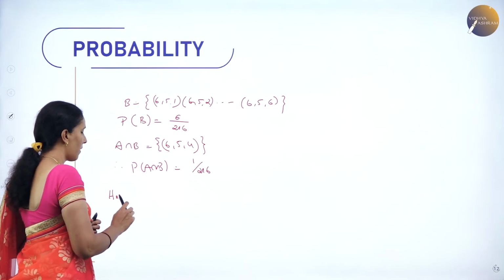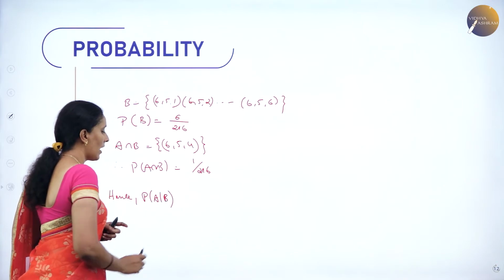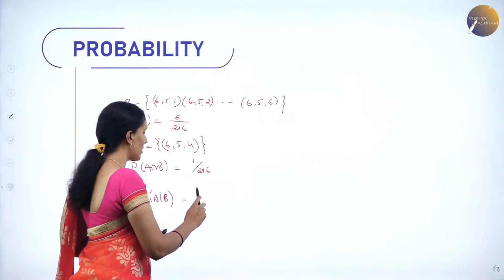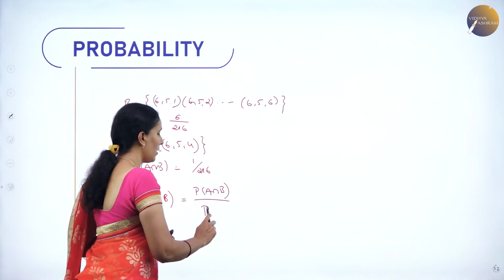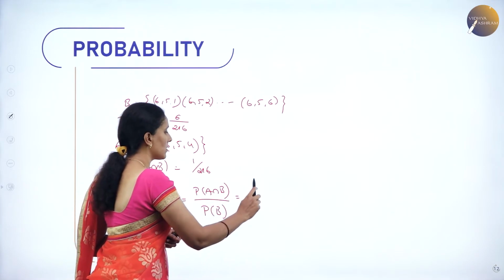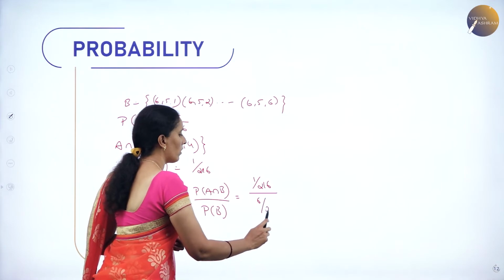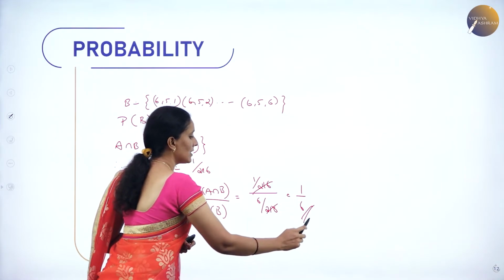Hence the probability of A given B, that is event A occurring when B has already happened, is the probability of A intersection B divided by the probability of B, that is 1 over 216 divided by 6 over 216. Hence the value is 1 divided by 6.